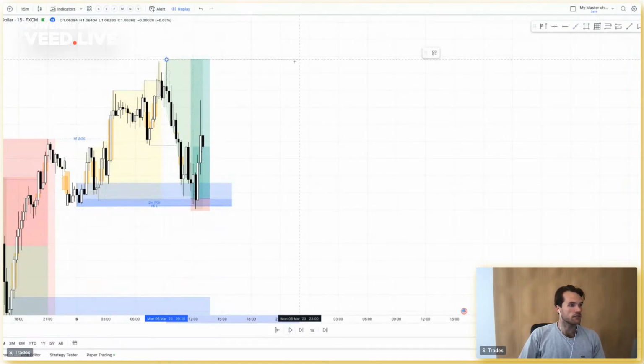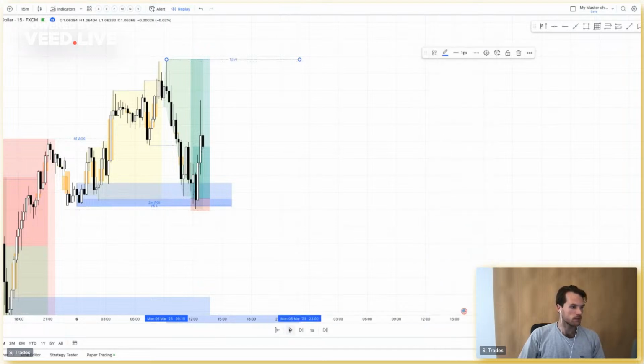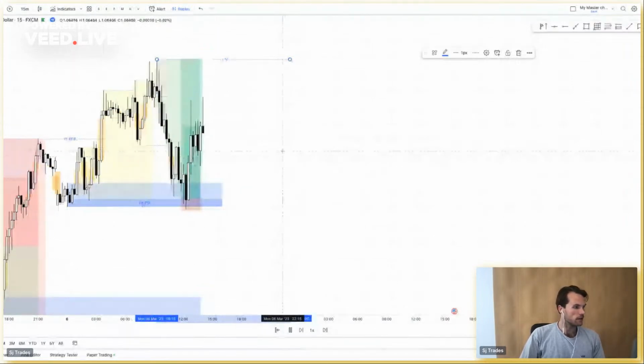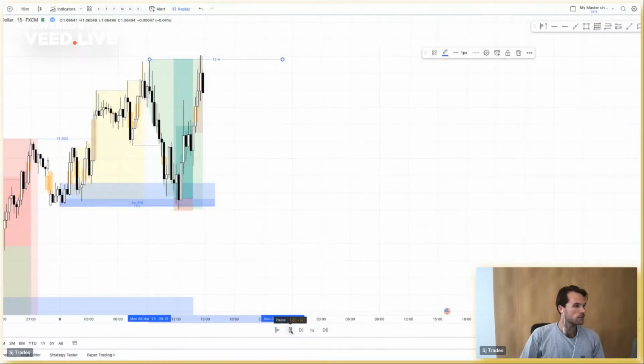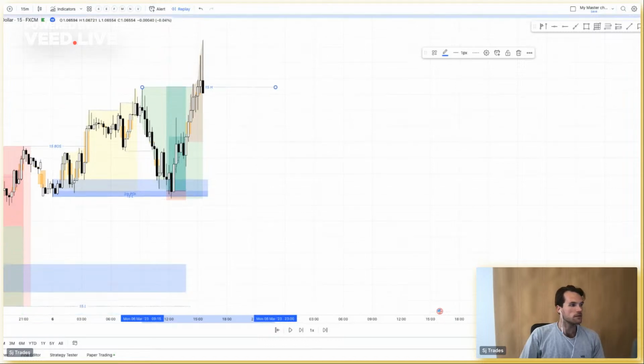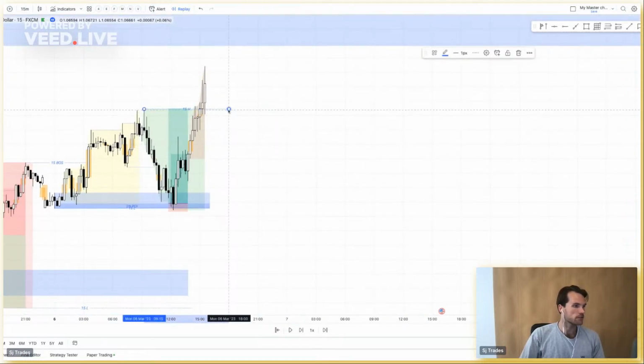We're targeting the 15 high to start with, and then I'm going to look at how we would. Okay, so that would be hit target there. So we've got another breaker structure.